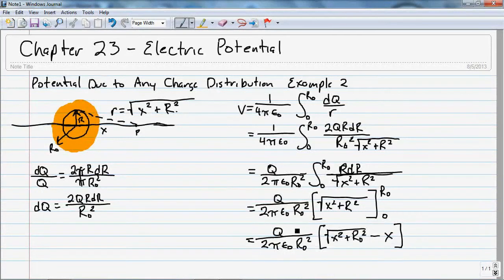And that's the potential due to this disk with the charge distributed evenly across it. And this is the potential at point P.